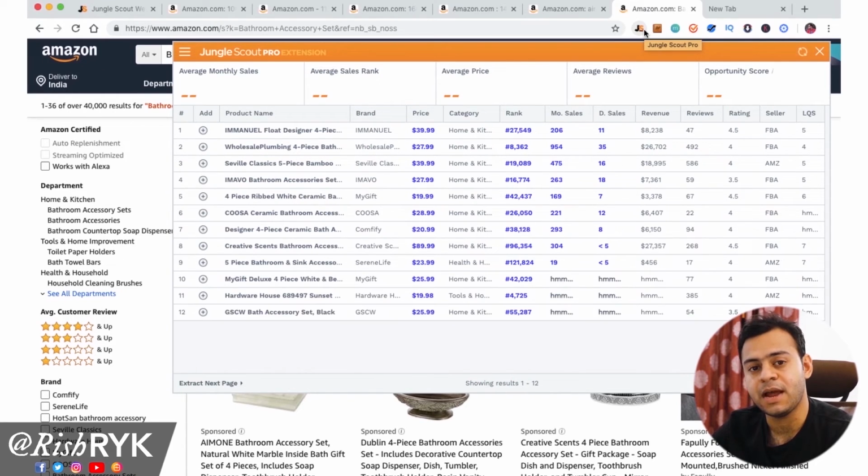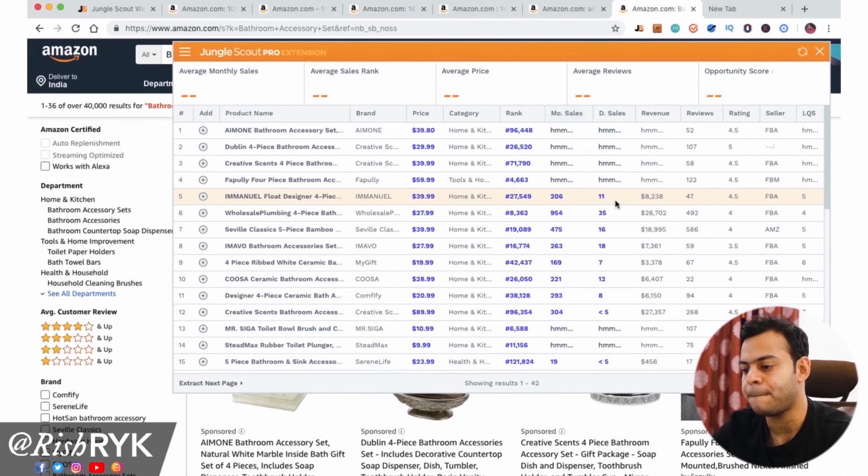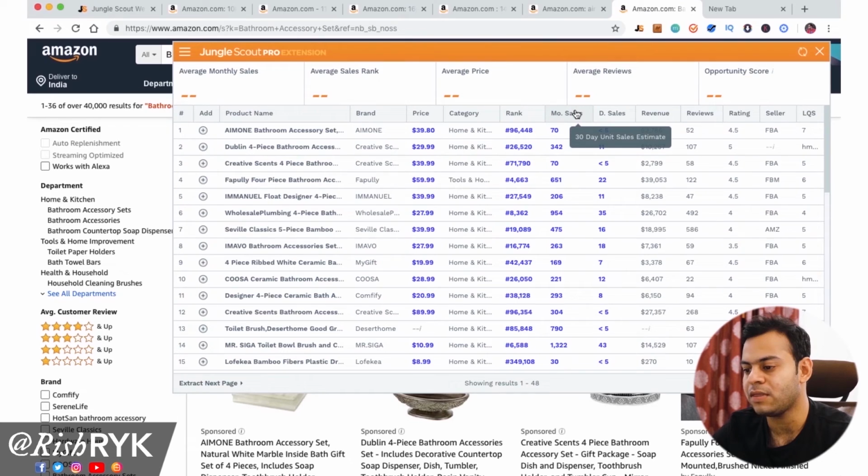Okay. The price seems to be in our favor. Okay, let's wait for everything to populate here. All right, looking interesting. The prices seem fine. The monthly sales seem okay, not that great.